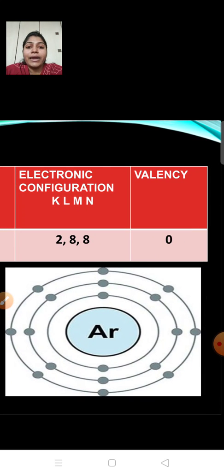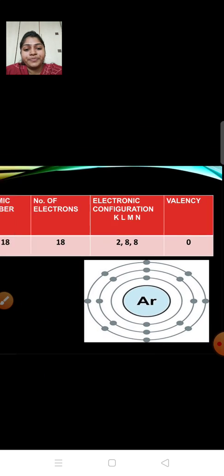Now you can see that the outermost orbit has 8 electrons. It means the octet is complete. So if the octet is complete, the atom is stable. So no need to lose, gain or share electrons. So the valency of argon is 0.